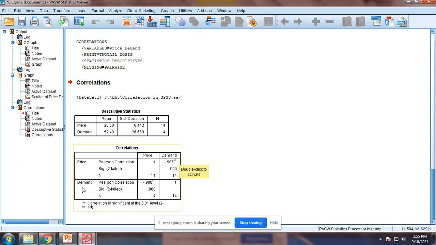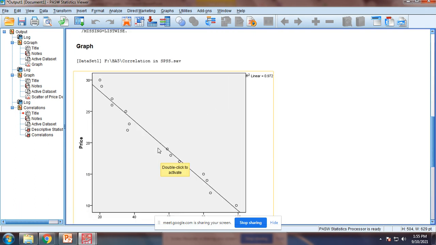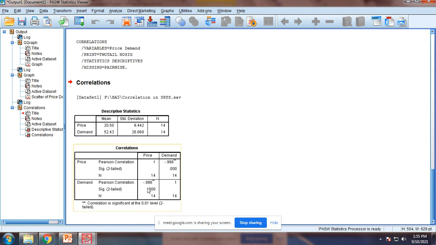So here the price and demand value you see is minus 0.986. We can also see from this scatter plot that the line is downward sloping. So we knew that it is a negative relationship between the two variables. And here also in the correlation box, we can see it is minus.